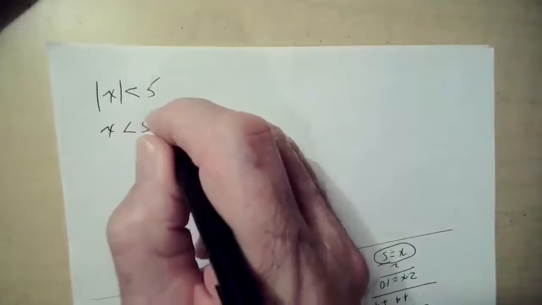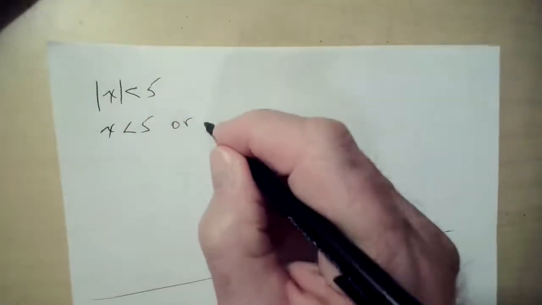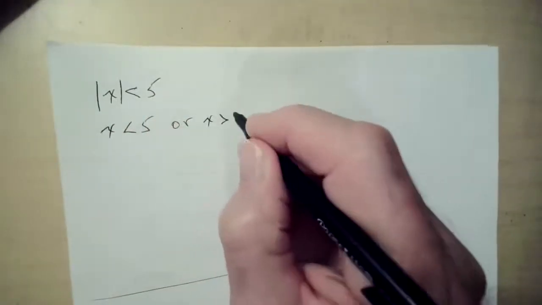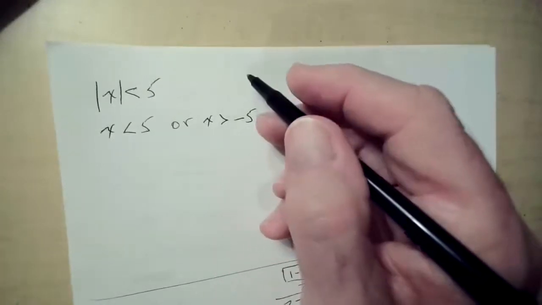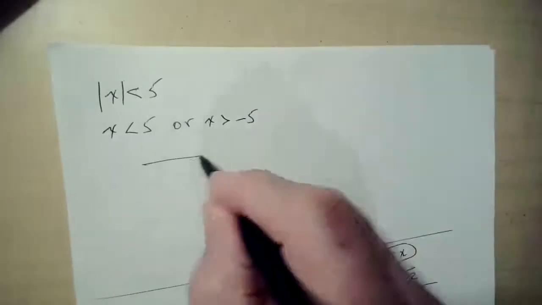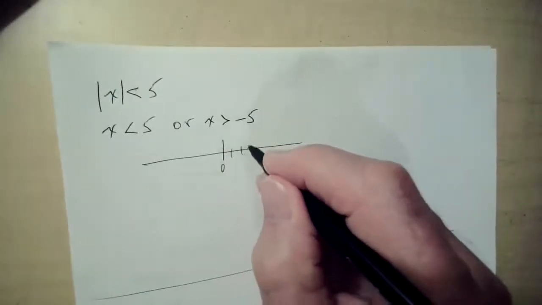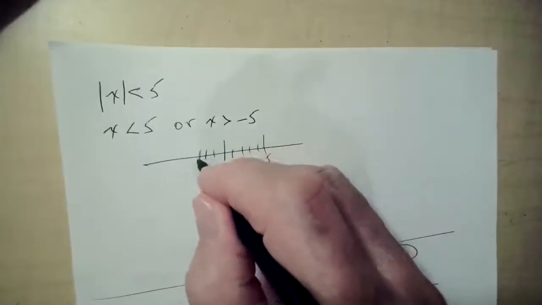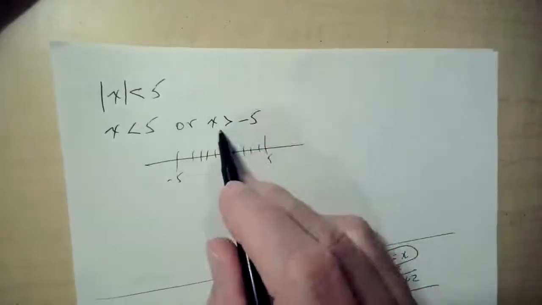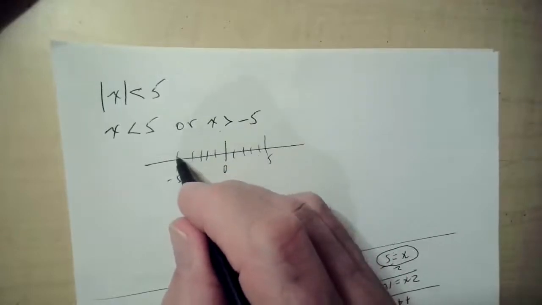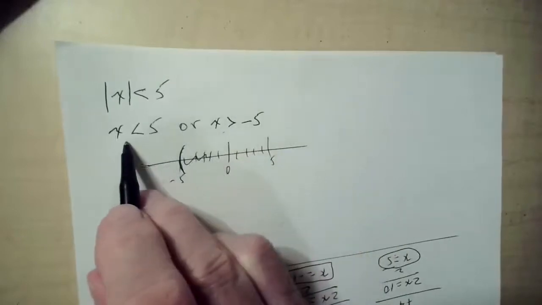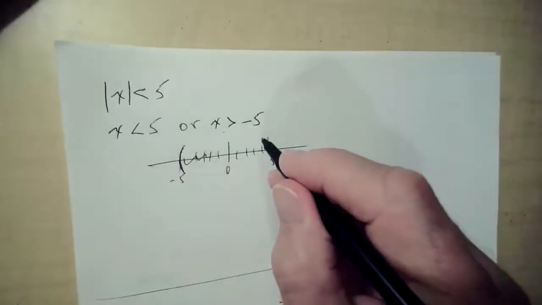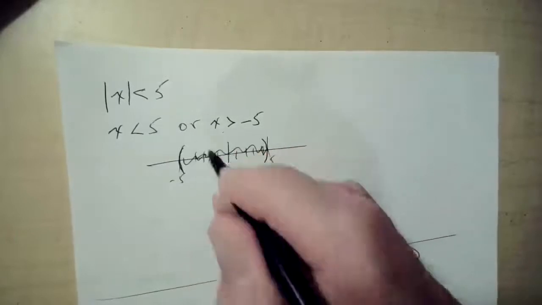X can be less than 5, and x can be greater than, opposite sign, -5. 1, 2, 3, 4, 5. X is greater than -5 and x is less than 5. So it's these numbers in here.